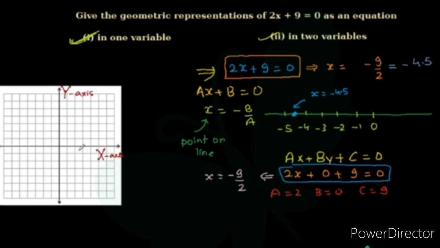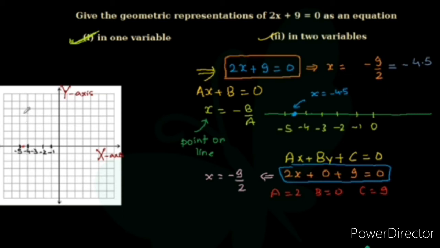Well, if I just start plotting that, let's say negative x values are to the left, minus 1, minus 2, minus 3, minus 4 is here, minus 5 is here. So minus 4.5 actually is a point in between negative 5 and negative 4, isn't it?